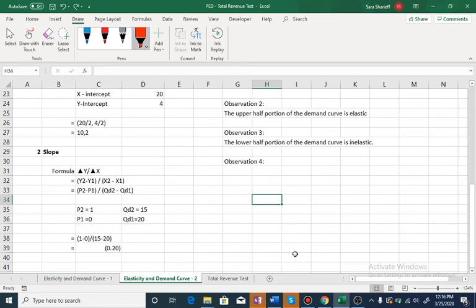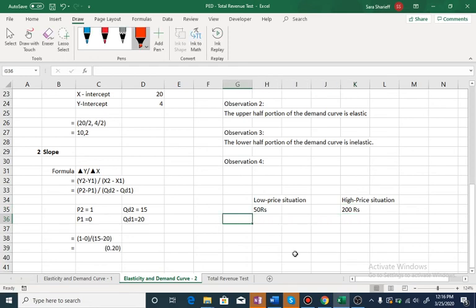I'm giving you 2 situations, a low price situation and a high price situation. In the low price situation, breakfast is selling at 50 rupees. In the high price situation, breakfast is selling at 200 rupees.